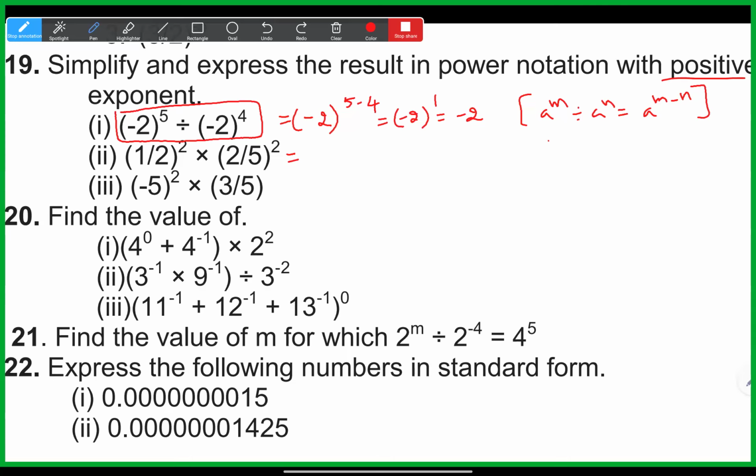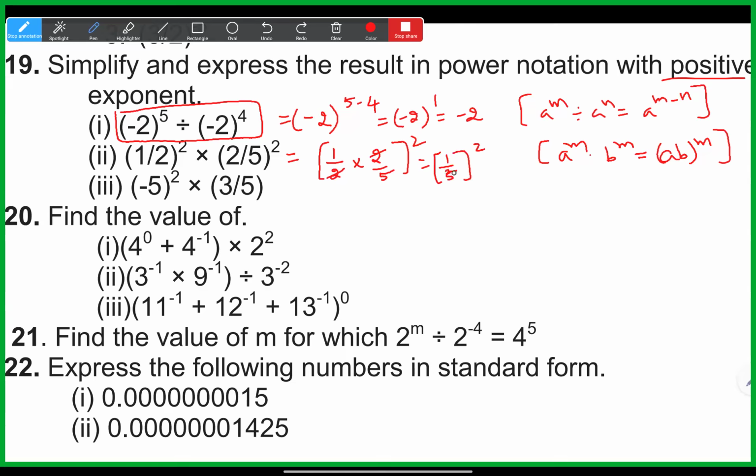Yes, sir, sorry. a power m into b power m is equal to ab whole power m. So it will become 1 by 2 into 2 by 5 whole power 2. So 2 will get cut here, become 1 by 5.